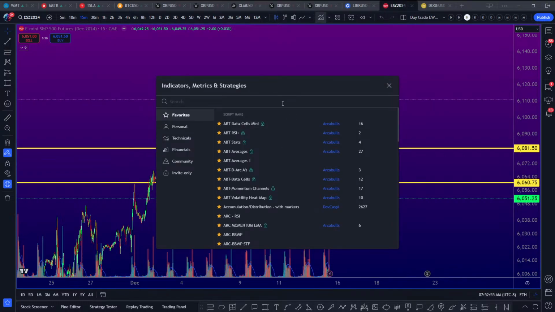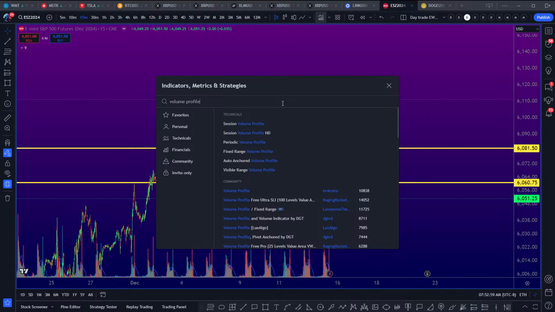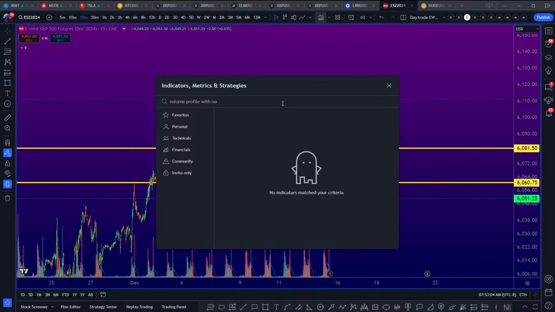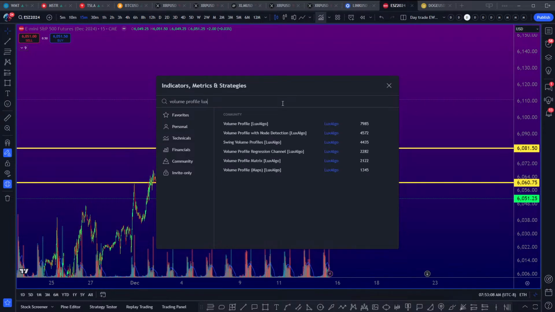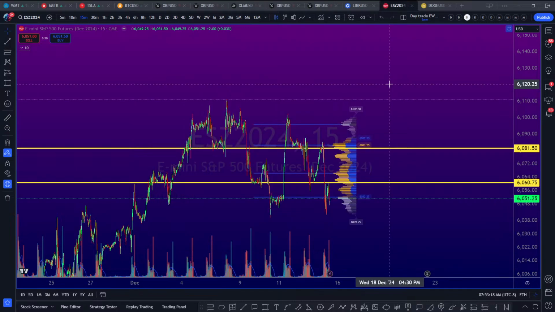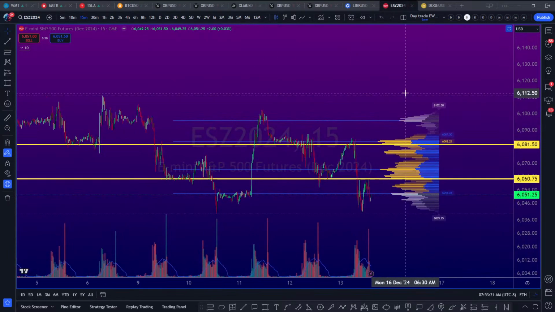That could be something that you may be able to use. So, volume profile with node detection, Lux Algo. If you click on this, it brings up this indicator here.